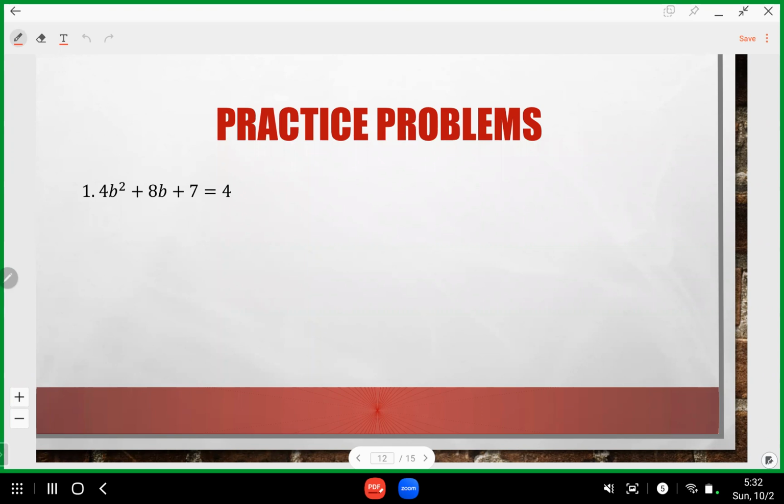Remember, always try to use factoring first. Factoring, I'd say, is the fastest method. I definitely use factoring first. But if you can't use factoring, that's when you have to use the quadratic formula. Usually the quadratic formula is pretty slow, I would not recommend it, but you have to when you can't factor.